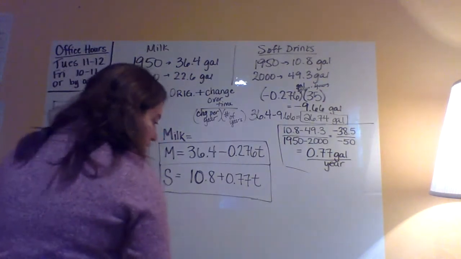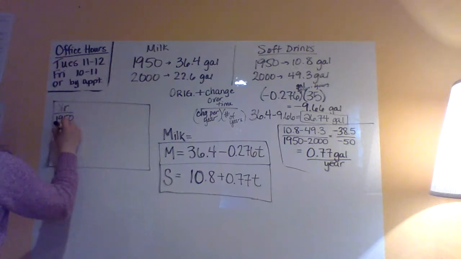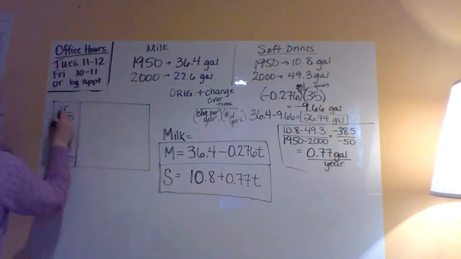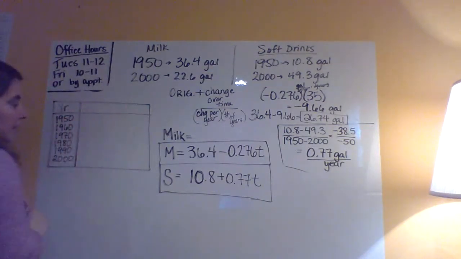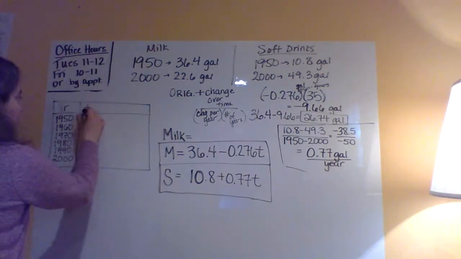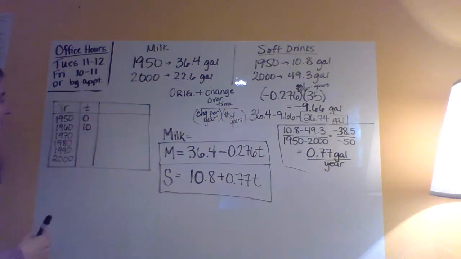So the calendar year goes from 1950 by tens up to 2000. Okay. Then the next column here is our T. So our T, remember, at 1950, T is 0. So in 1960, T is 10.